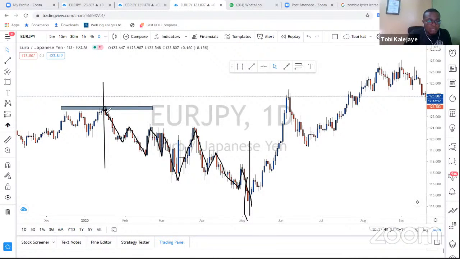This strong sell candle off this price level, which is a resistance level or also a supply level, you can now start looking out for your sell opportunity. And then what would have happened? You can see price was selling, but it still had to retrace back to this level. Price retraced back to this level, and you can see how important that level became all through.